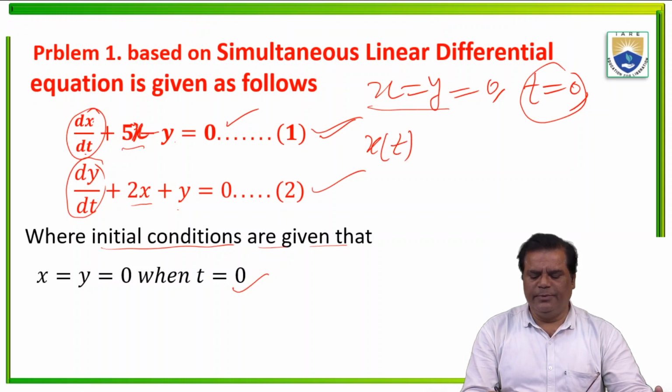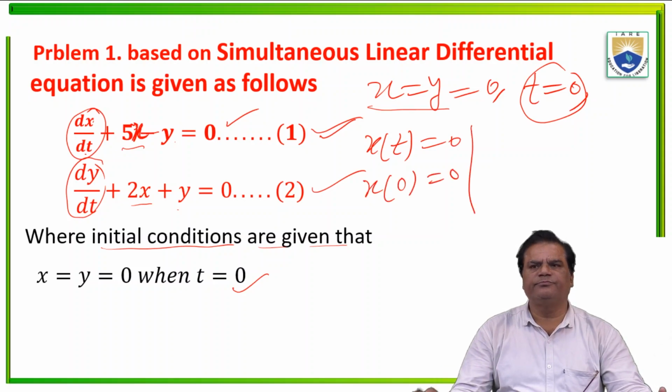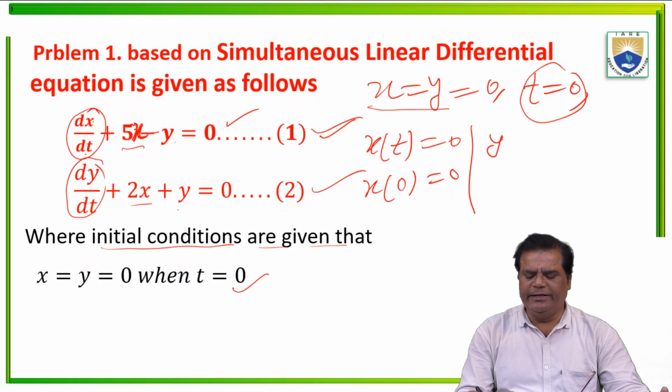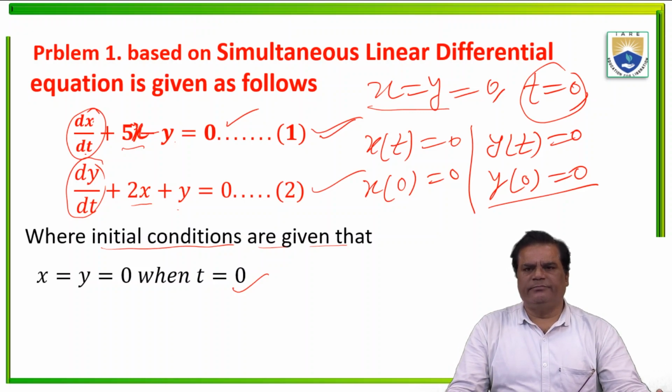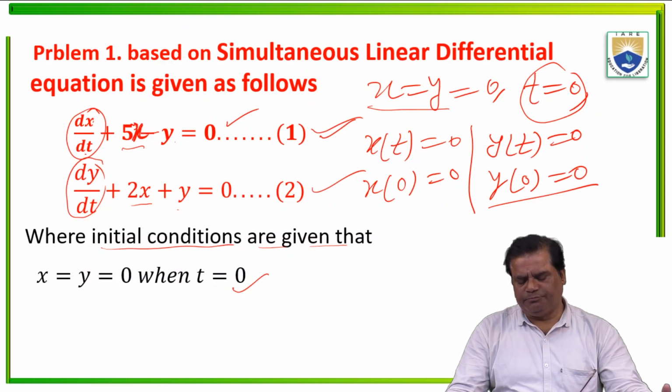T is 0 here, so putting t equal to 0 means x(0) is 0. Here also y(t) is 0; when t is 0, y(0) is 0. So this is the explanation of the initial condition. We can apply this initial condition in our question.